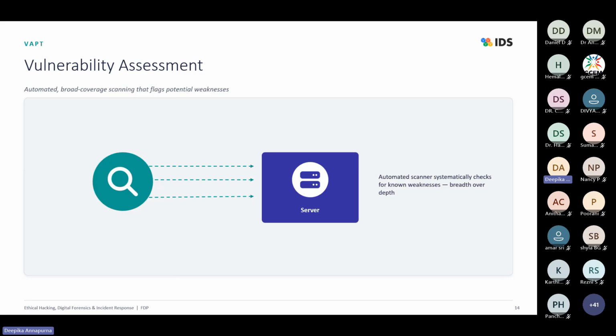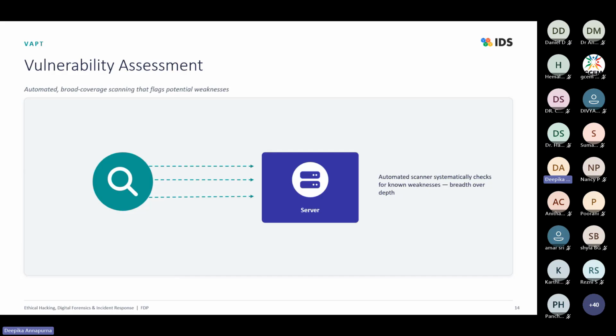Vulnerability assessment. Now that we understand vulnerability means weakness, the next question: how can an organization find these vulnerabilities? How will the organization identify them? Vulnerability assessment is one such process. It is a process of identifying the weaknesses inside systems, applications, network traffic, cloud or databases, whatever we have.